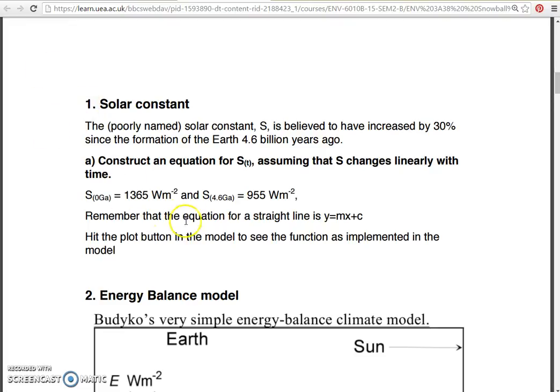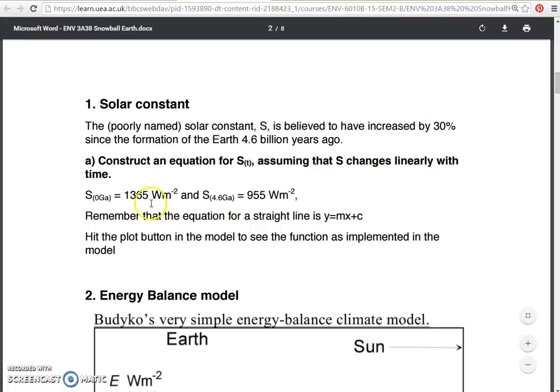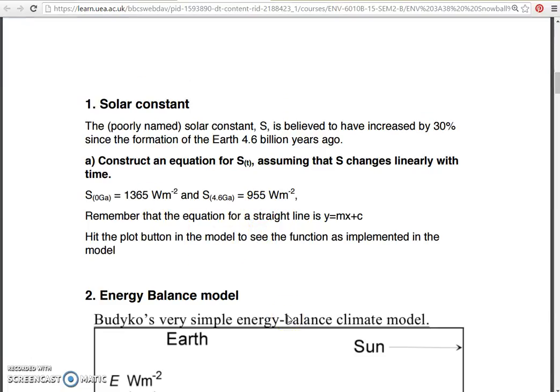So you're told that in the present day the incoming radiation is 1365 watts per meter squared, and at the beginning it was 955. And then it says, remember that the equation for a straight line is y equals mx plus c. So y and x are coordinates on the y and x axis, c is the intercept, and m is the gradient.